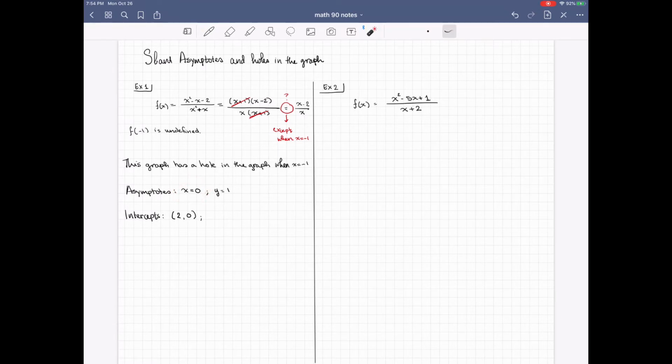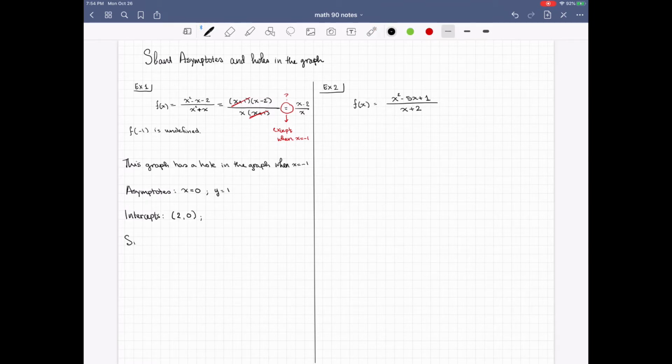That's the y-axis, so no y-intercept. And this part I'll leave you to explore on your own, but it will also never cross its horizontal asymptote. If you set x minus 2 over x equal to 1 and try to solve it, you'll see it doesn't have any solutions. So in fact, it looks like we only have one intercept to speak of.